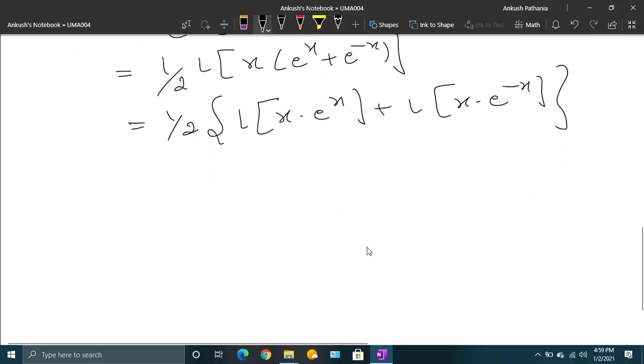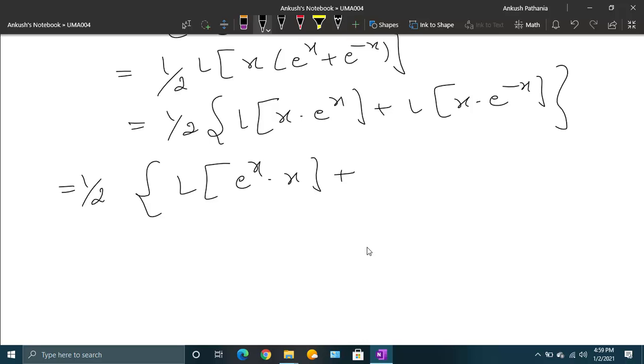Now this is very simple. You can see here the first shifting property. I have written it in this form, otherwise it is e^x dot x. Instead of using the property x dot f(x), which is property number 2, it is always better to use the first shifting property, which is much easier.